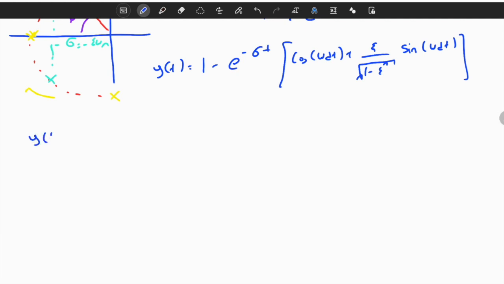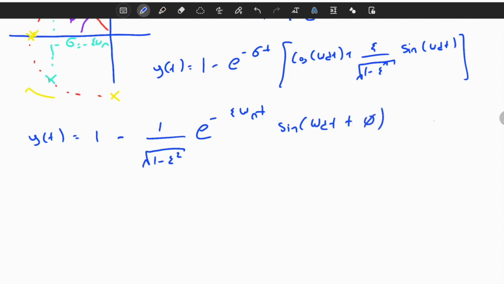So y of t is equal to 1 minus 1 over the square root of 1 minus psi square, e to the power minus zeta omega n t, sine of omega dt plus phi, for t greater than or equal to 0.